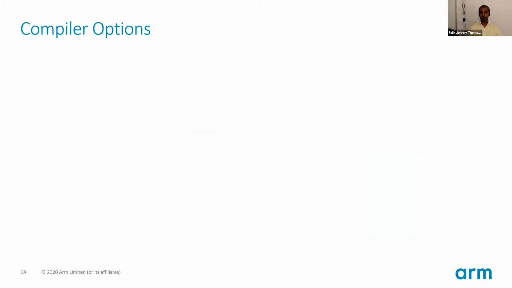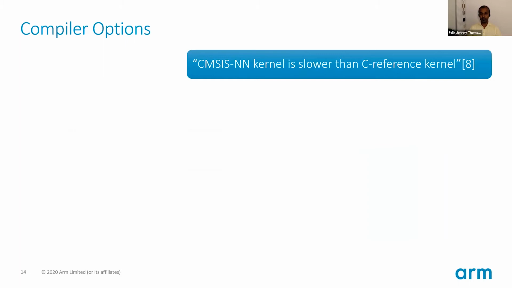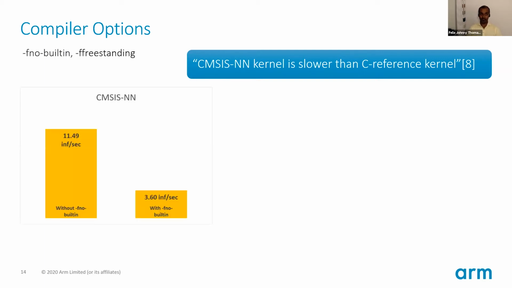Now, let's take a case where the CMSIS-NN doesn't do well. This started off with a ticket in TensorFlow's GitHub titled CMSIS-NN kernel is slower than C reference kernel. I don't know about you, but that is not good publicity. So we investigated that, and it turned out that it was related to a compiler option called -fno-builtin.